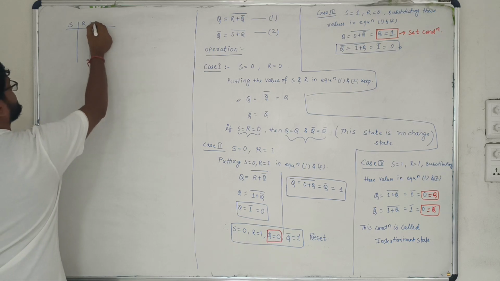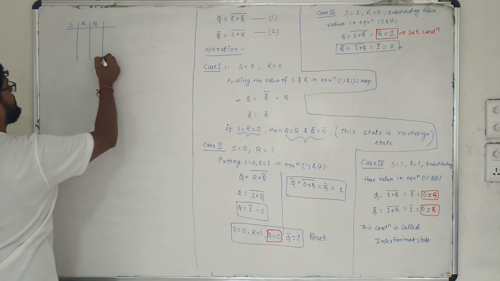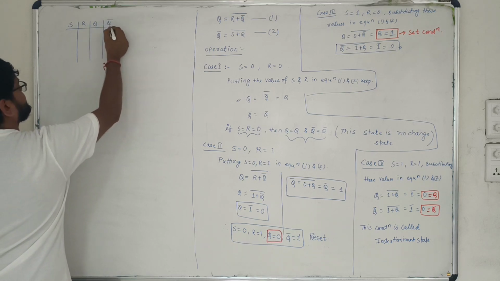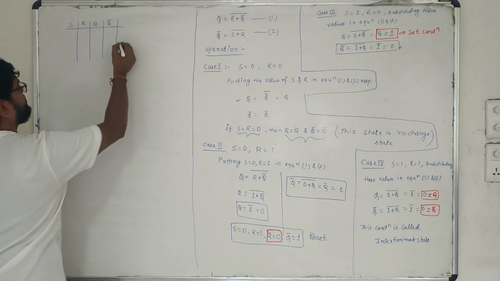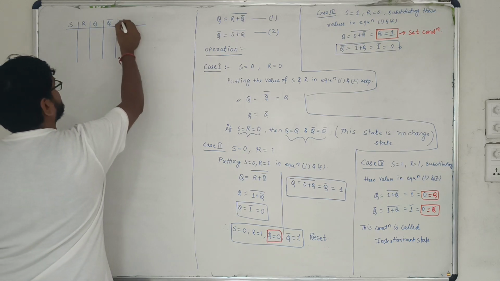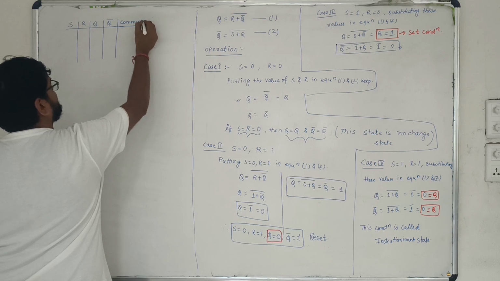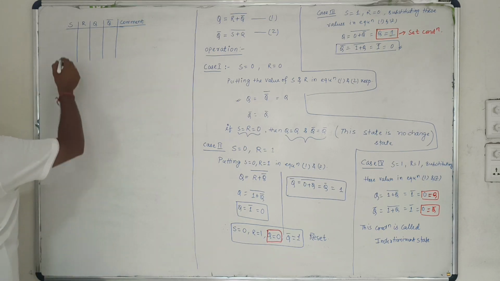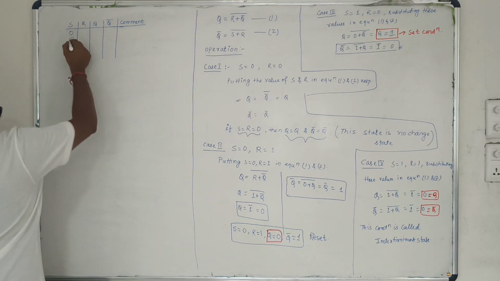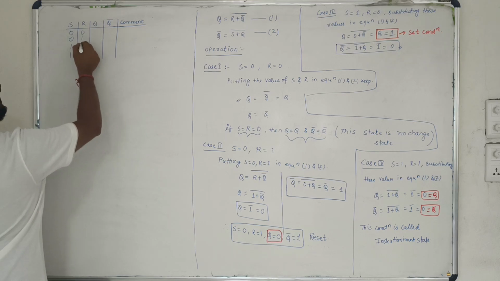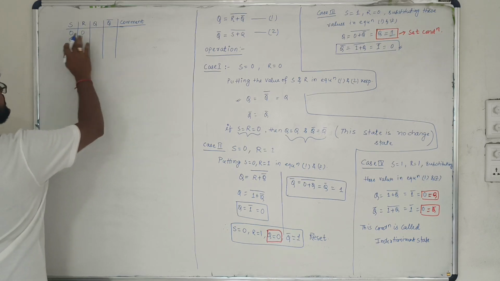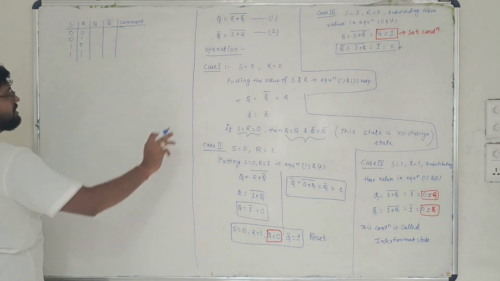What are those 2 outputs? That is Q and Q bar. And simultaneously, we have a comment box where we'll be telling what exactly is happening during its operation. So if there are 2 inputs, 4 combinations are possible: 00, 01, 10, 11, and then we'll go for its output.